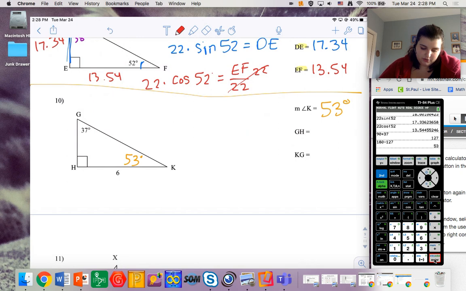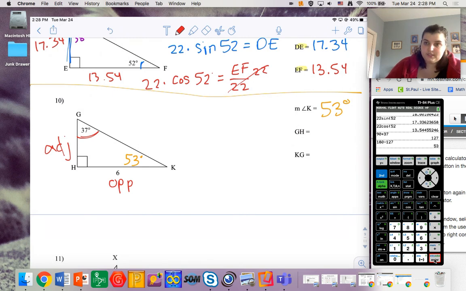GH. So let's do, I guess, tangent to find GH. So 6 is opposite the 37, and GH is adjacent. So opposite and adjacent is tangent. So tangent of 37 degrees is 6 over GH.